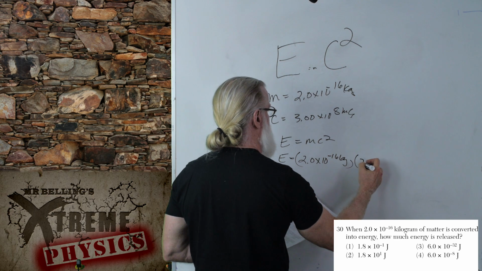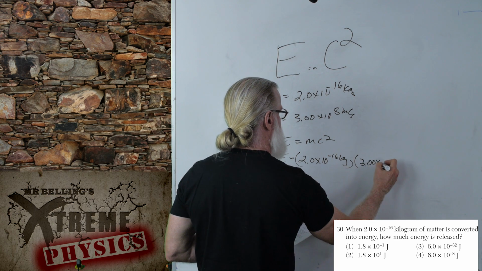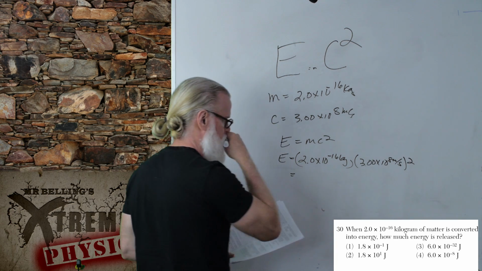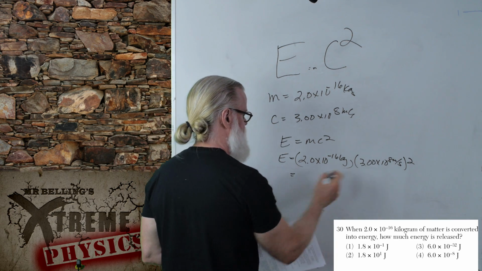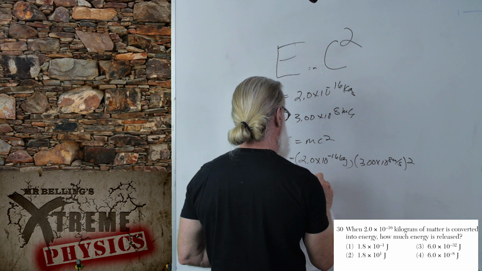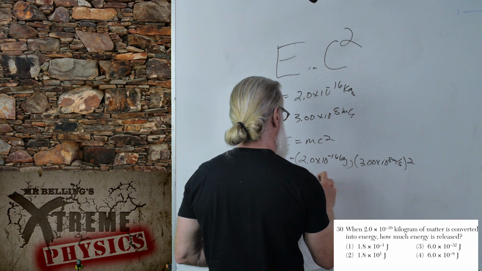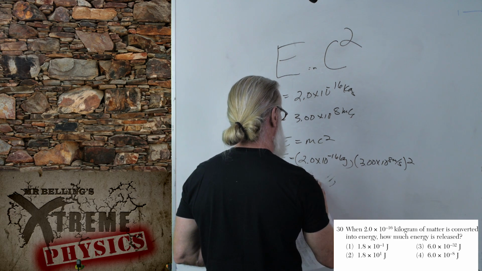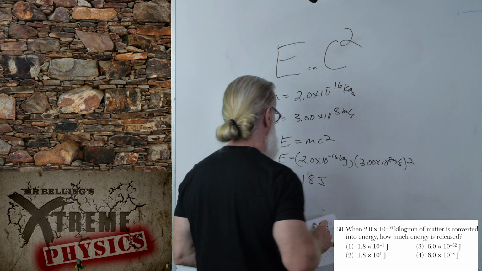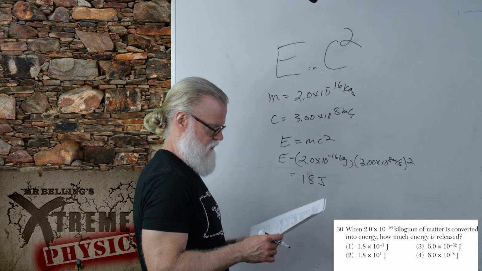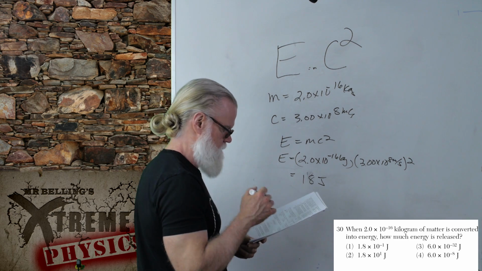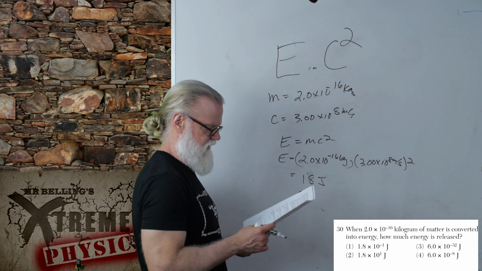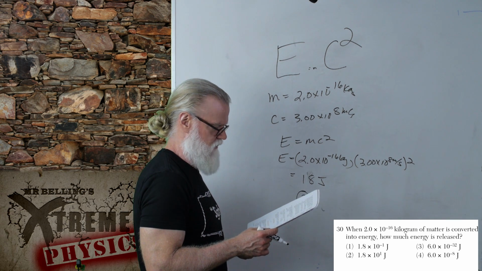Don't forget the square. Times 10 to the 8th meters per second squared. All right. Let's see. This could be 18 times 10 to the 6, 10, 18. 18 joules, I believe. Yeah, choice 2. They gave it in scientific notation, 1.8 times 10.